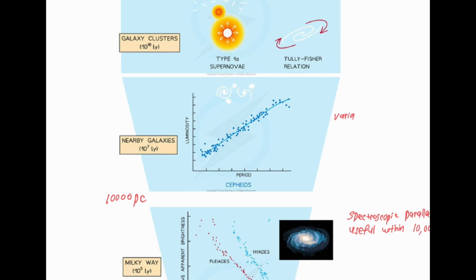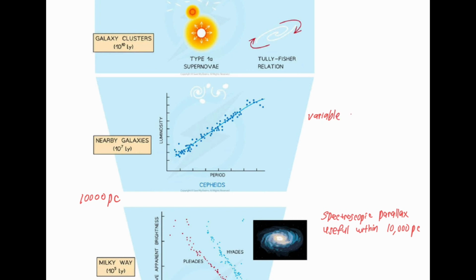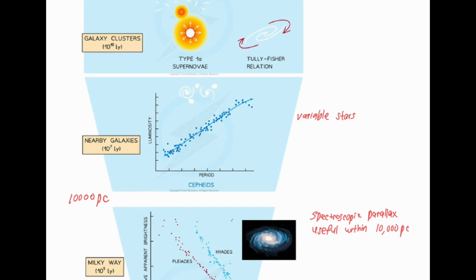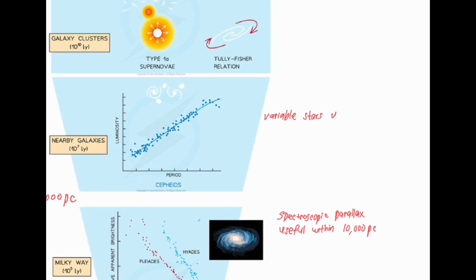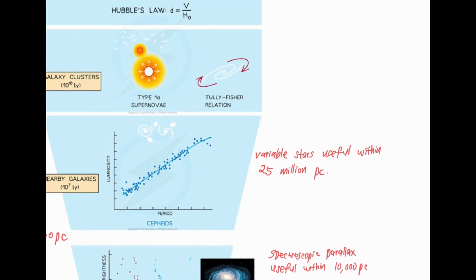And this method is useful within 25 million PC. So the variable star that we discussed just now, you check how long it takes for the star to change its brightness.